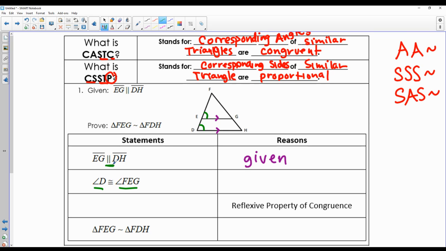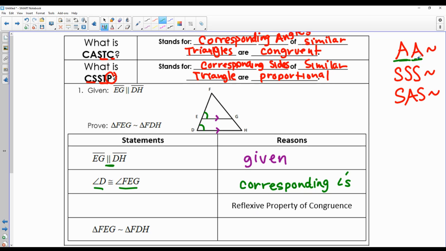So why would those 2 angles be congruent? Well, if you have parallel lines, then you know that the corresponding angles are congruent. So corresponding angles theorem says that they're congruent right there. All right, now remember we've got this one angle.